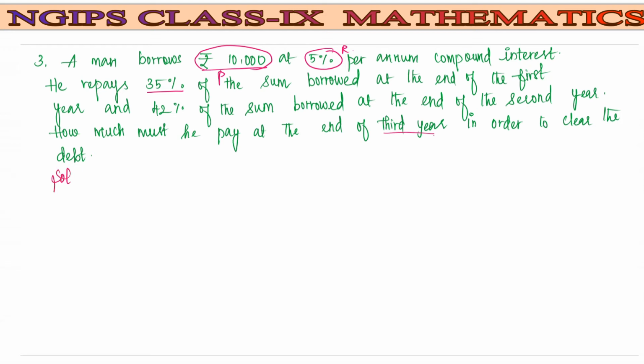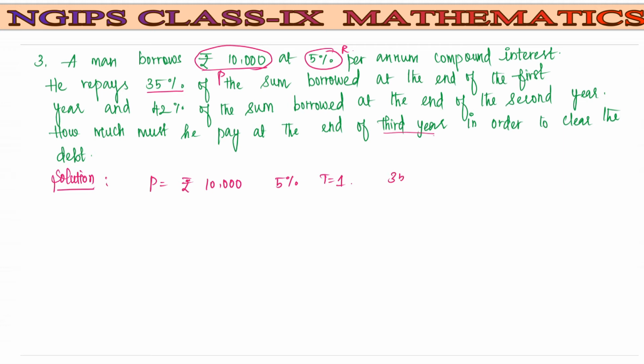Solution. First condition: principal is 10,000 rupees, rate 5%, and time period is 1 year, because we have taken compound interest.